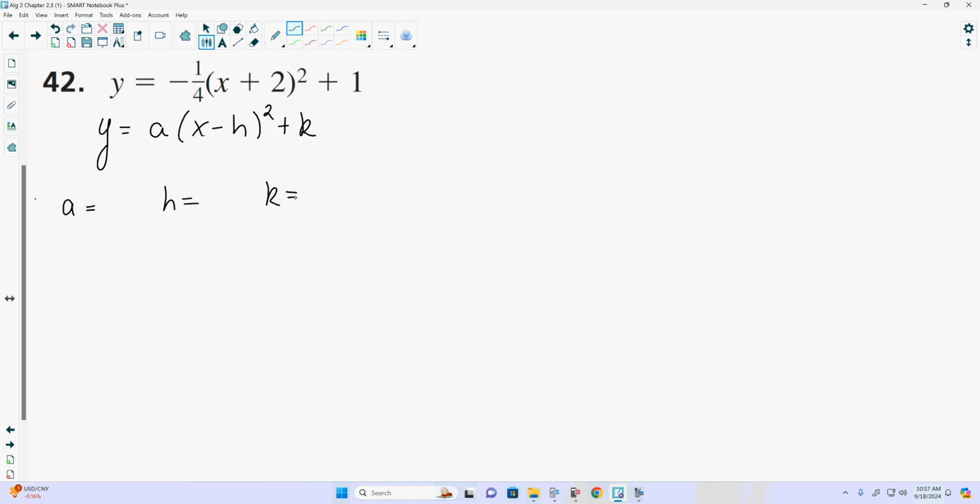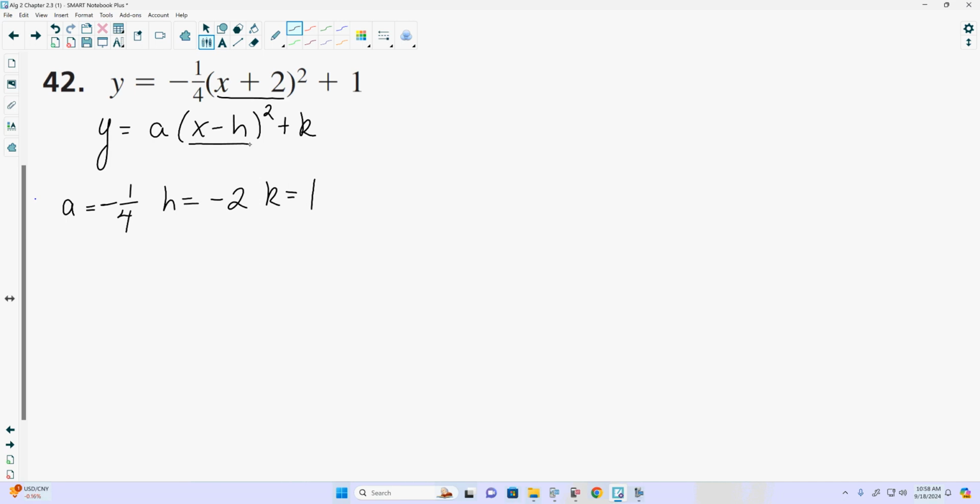A is -1/4. H is -2 and K is 1. Since we have +2 inside, that H value is going to be negative. Why is it negative? The reason it's -2 is since we have x plus 2 inside, and in the general form we have x minus h.